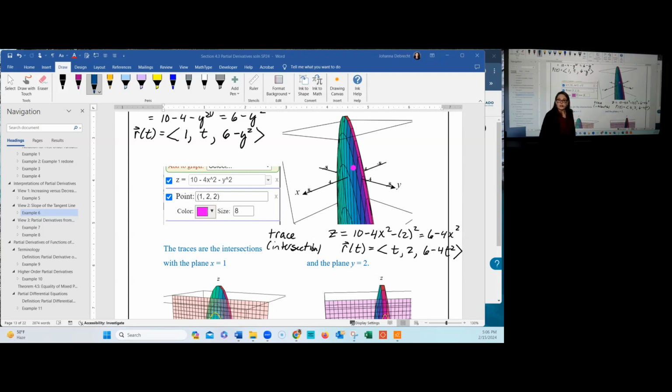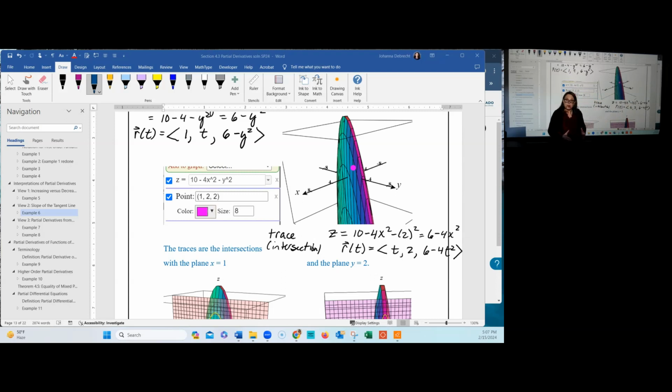The first thing we want to go through is just to find the equation of the trace, that is the intersection of the paraboloid with the plane where y is equal to 2, holding y constant, allowing x to vary. So again, we start with our equation. We replace the y variable with 2, which gives us 6 minus 4x squared.